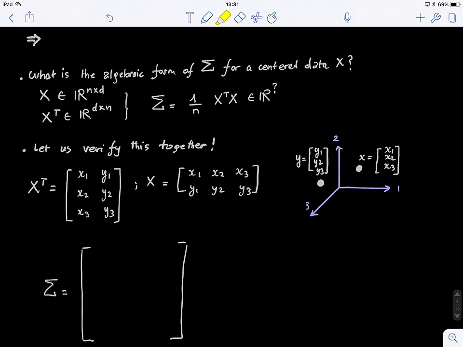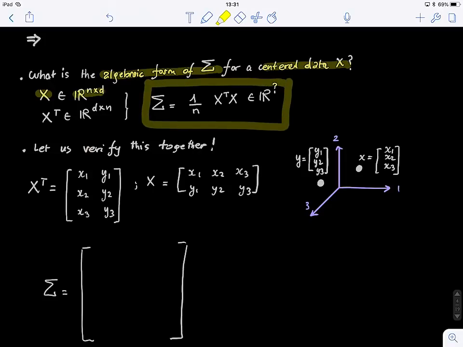What is the algebraic form of sigma for a centered data x? We have our x data, it's centered, and it belongs to R^(n×d). It turns out that the formula for the covariance is x transpose times x, very simple. And we divide by the number of samples. You can always remember this.